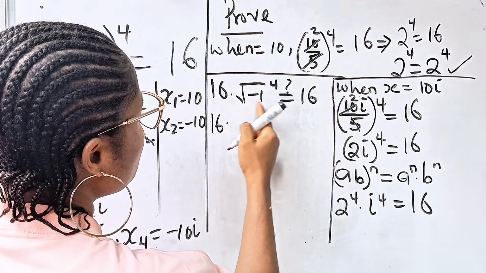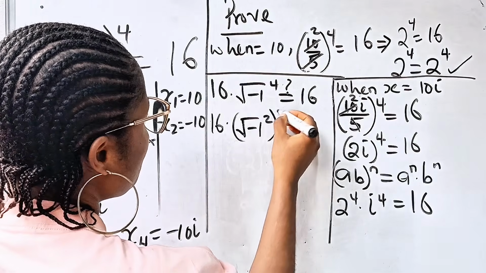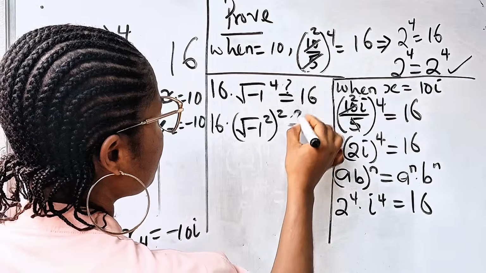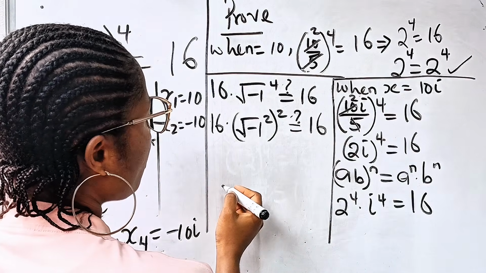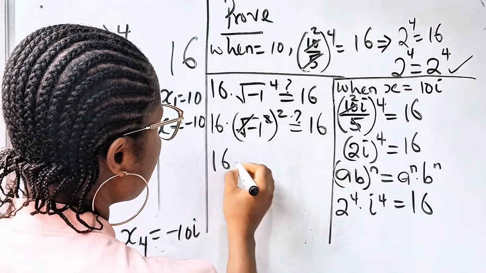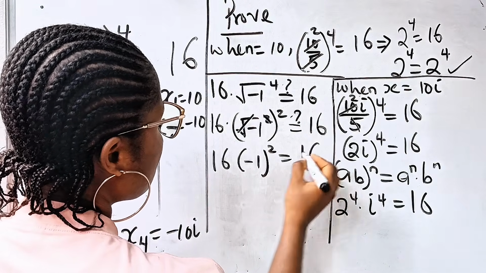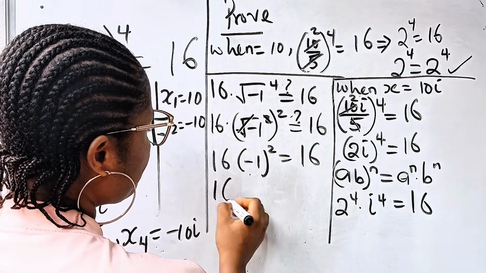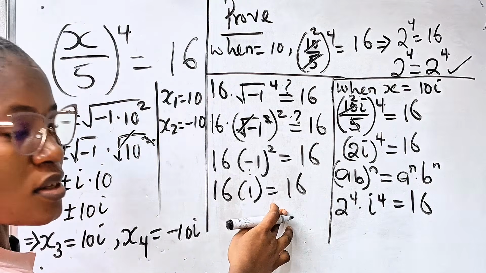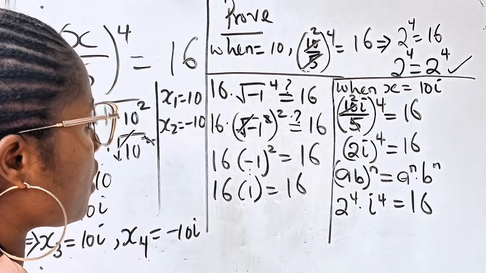Now root minus 1, we can express this as root minus 1 squared raised to the power of 2. Is this equal to 16? Okay, so we know that square and root cancel out. So we have 16 multiplied by minus 1 squared is 16. And minus 1 squared is the same thing as 1 is equal to 16. Now 16 times 1 is 16, and we can see this is correct.